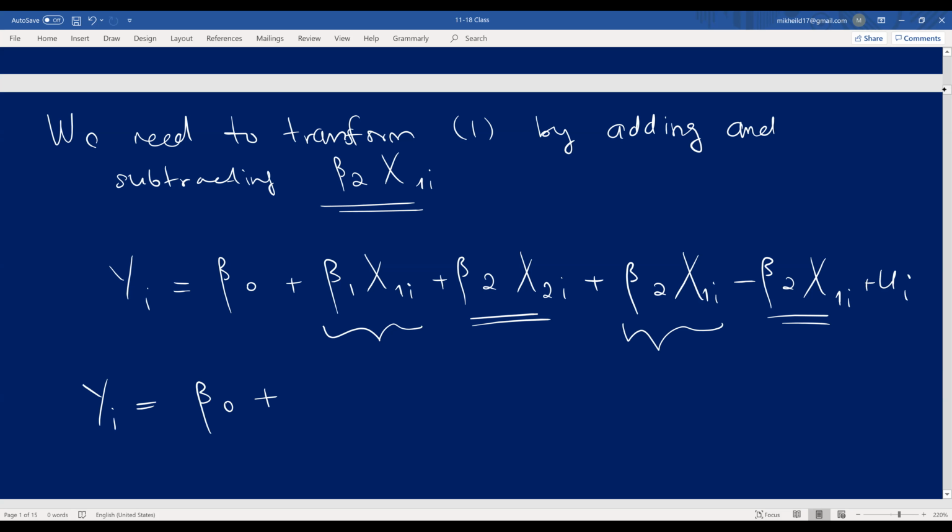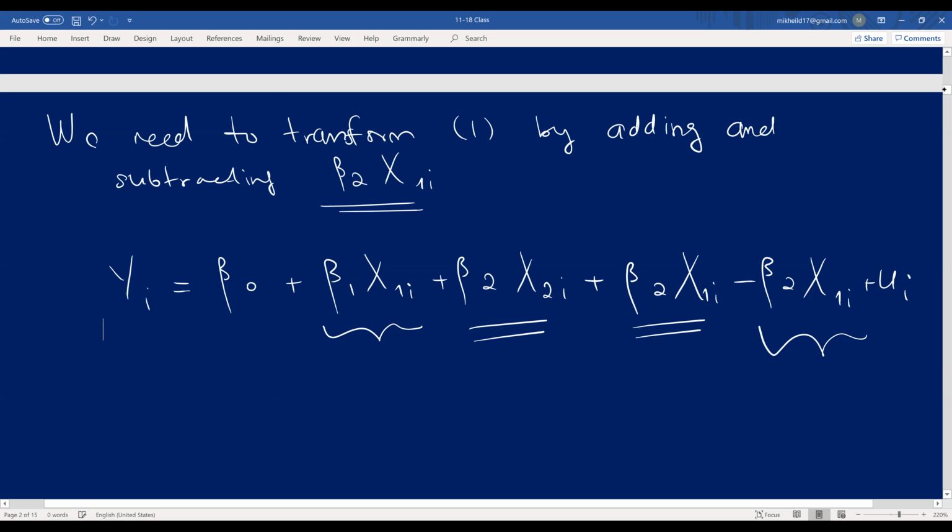It is better if you combine this term with this term, and you will see why, and these terms together. So that will be then yi equals plus, and if you combine this and this, what will you get? I just factored out x1i from these two terms.